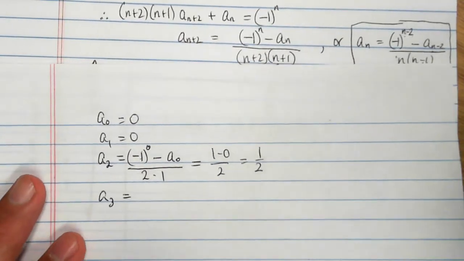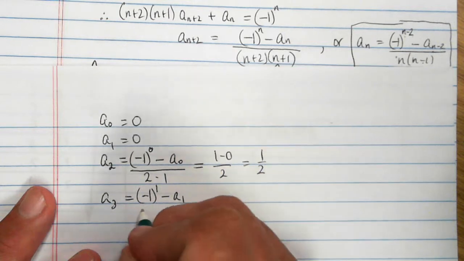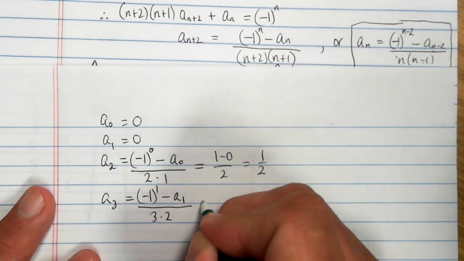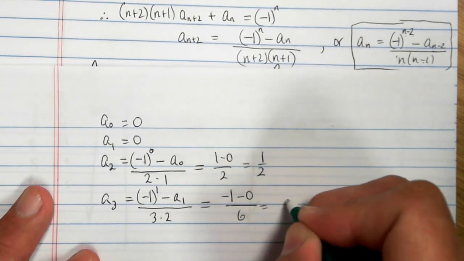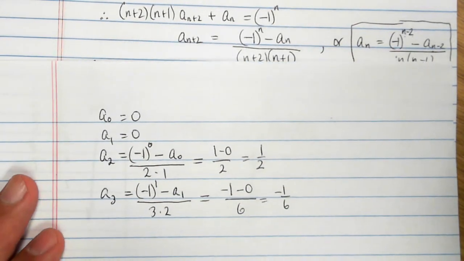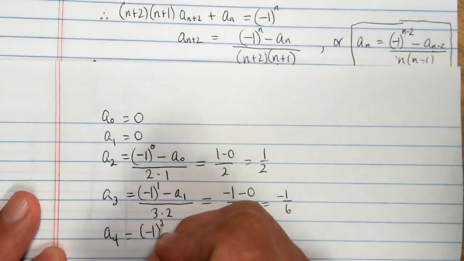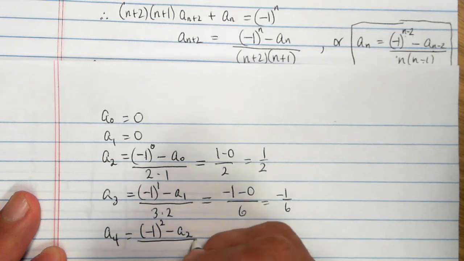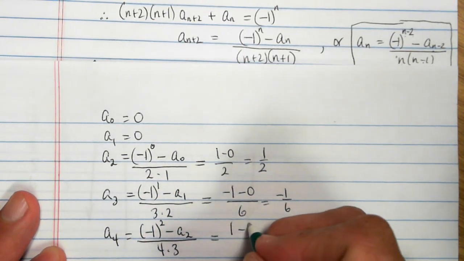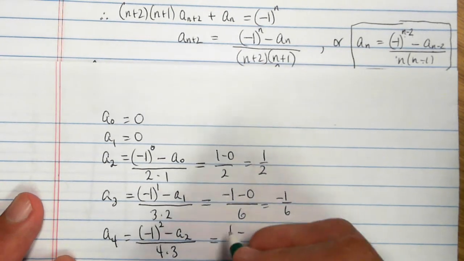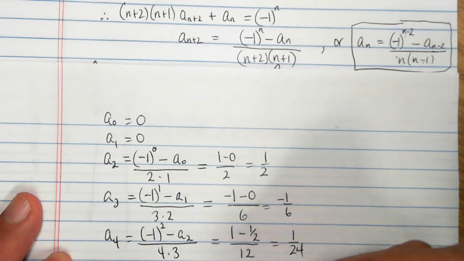A sub 3 is equal to negative 1 to the first minus a sub 1 over 3 times 2. So negative 1 minus 0 over 6 for negative a sixth. And finally, a sub 4 was equal to negative 1 squared minus a sub 2 over 4 times 3. So that's going to be 1 minus 1 half all over 12, and that's 1 over 24.